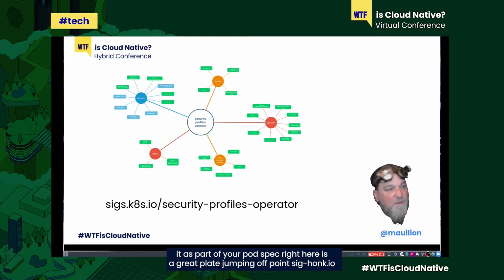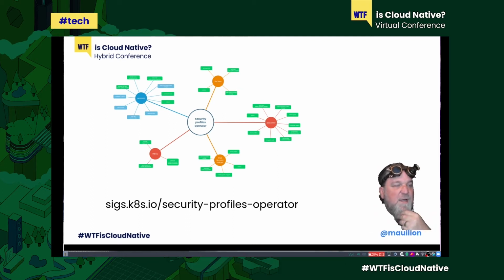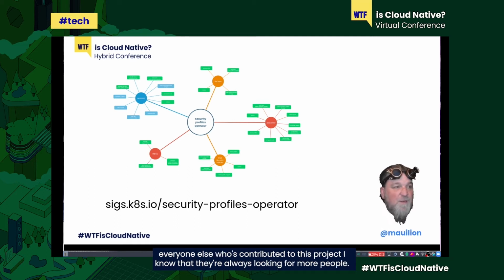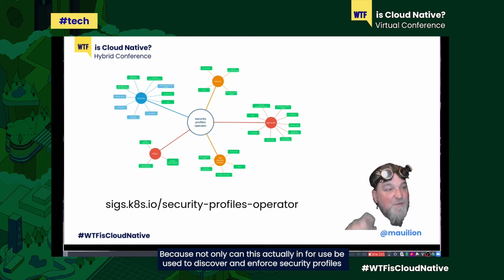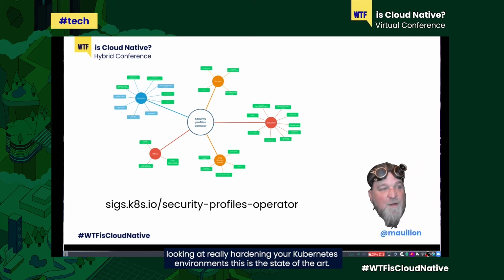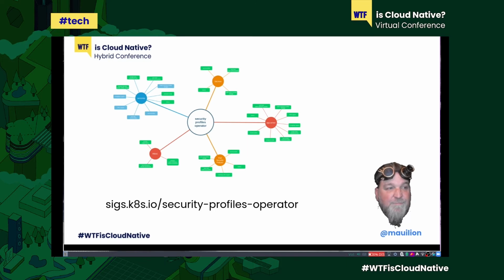Right here is a great jumping off point: sigs.k8s.io, the security profiles operator. Big shout out and props to Sasha Gunnert and Pablo Gomez and everyone else who's contributed to this project. I know they're always looking for more people. Not only can this be used to discover and enforce security profiles, it can also be used to configure AppArmor and SELinux. Very cool stuff. If you're looking at really hardening your Kubernetes environments, this is the state of the art.